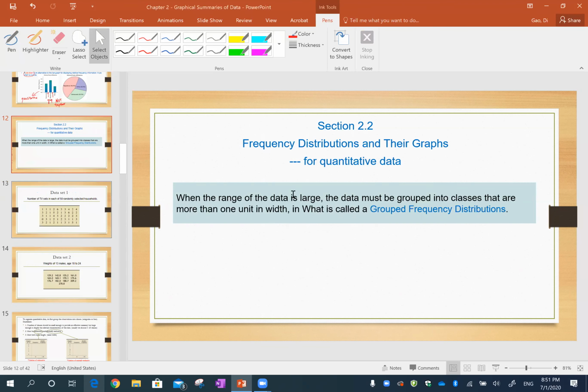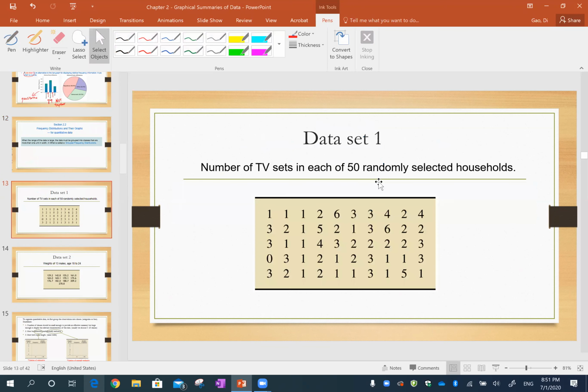So let's see the first example, data set 1. We can have some quantitative data set like this: number of TV sets in each of 50 randomly selected households. So we have 0, that means no TV, and then 1, 2, 3. The maximum in this data set is 6. So 0, 1, 2, 3, 4, 5, 6.